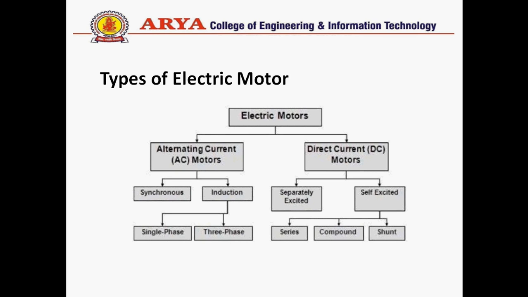So according to how the armature windings and field windings are arranged with the supply voltage, we divide the motor into two types, separately excited and self-excited. In a separately excited DC motor, field windings are energized by a separate DC source, and in a self-excited motor, the winding is supplied by the machine or motor itself.